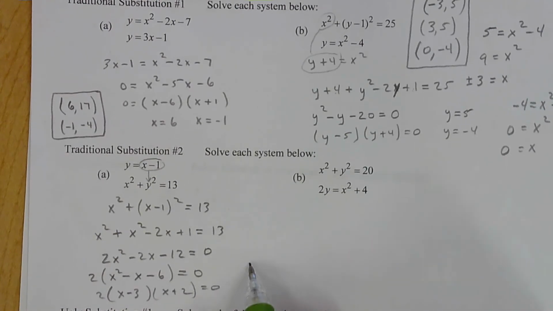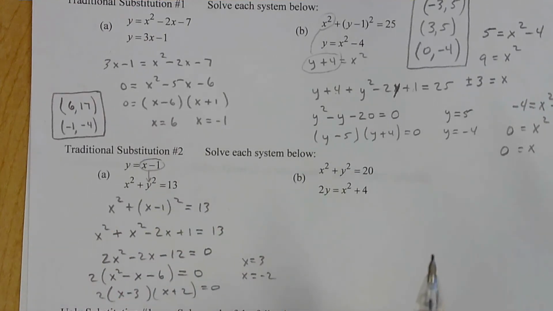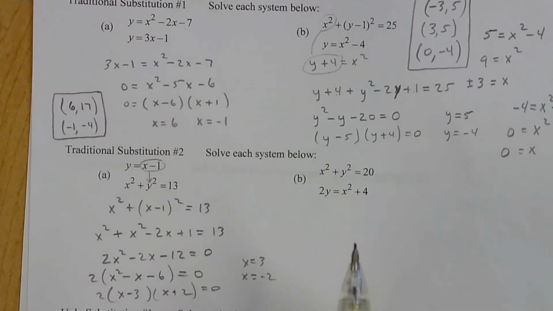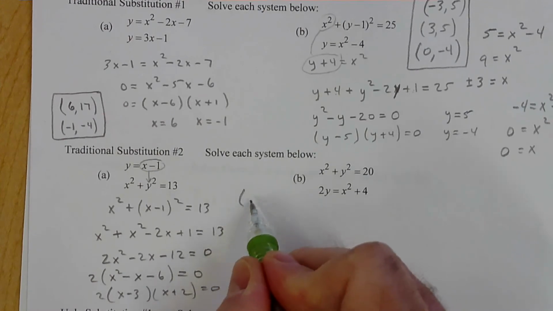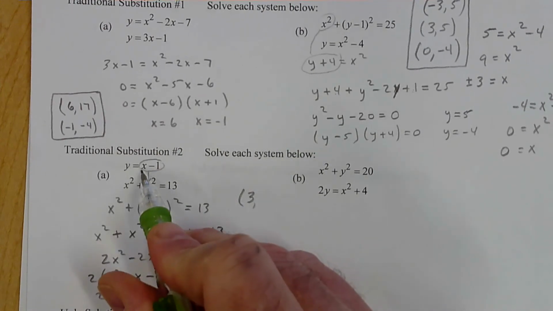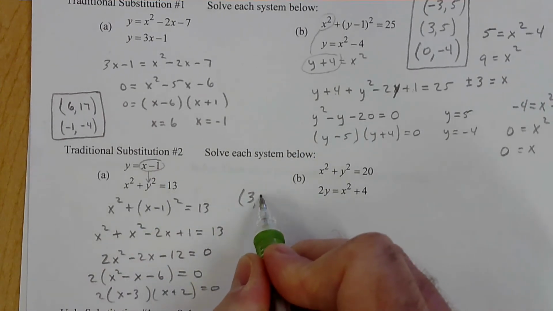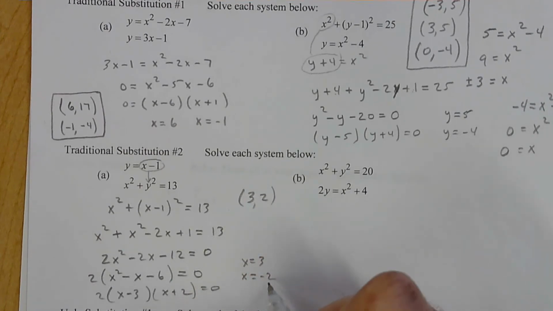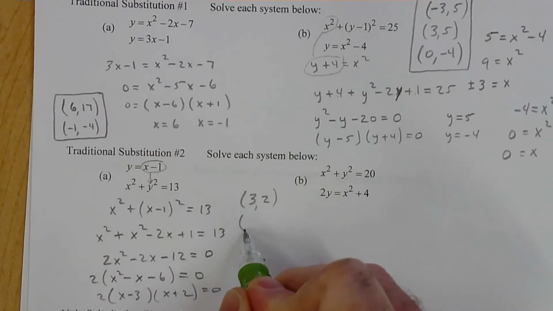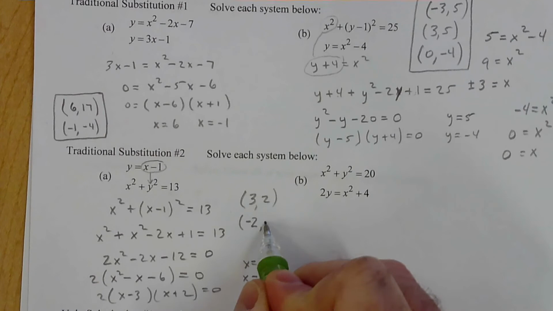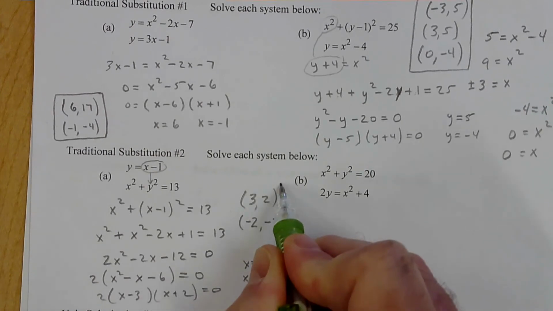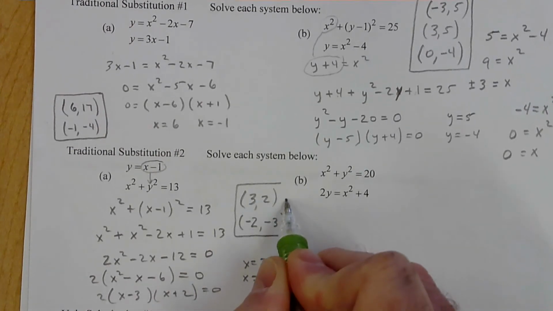So the answers I get so far are 3 and negative 2. And the easiest place to plug those back into is that top equation. So 3 is one of my x values. Plugging that in, looks like I get 2 for the y value, and negative 2 looks like I'm going to get negative 3. So there's the 2 points of intersection.